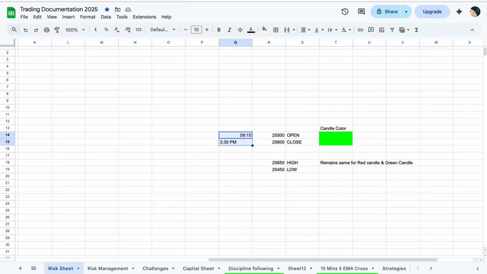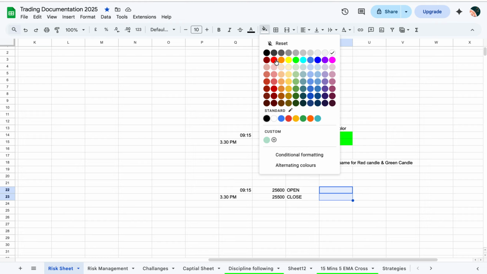Similarly, let's take another example. If the market opens at 25,600 and closes at 25,500, the market opened higher but somehow closed lower than the open price. In this case the candle color will be red.